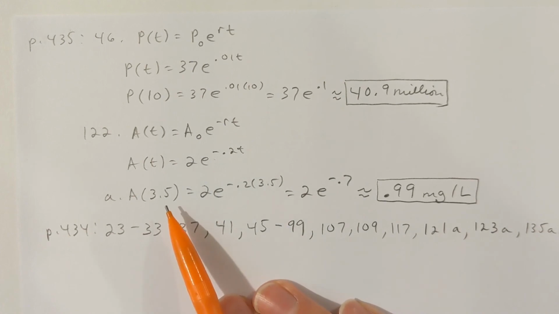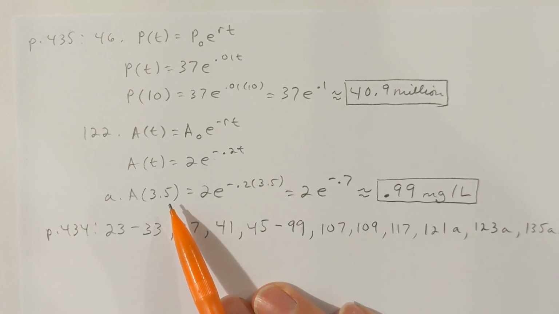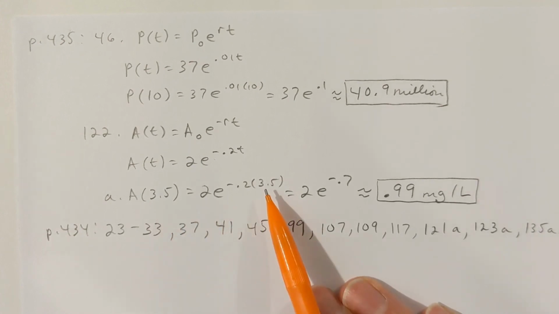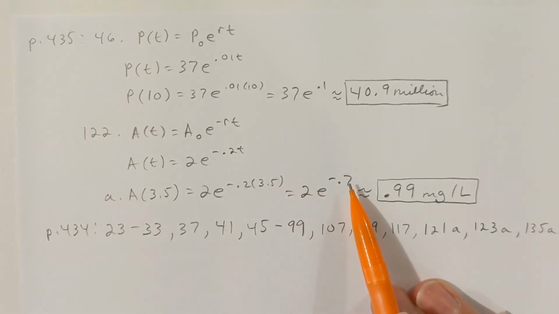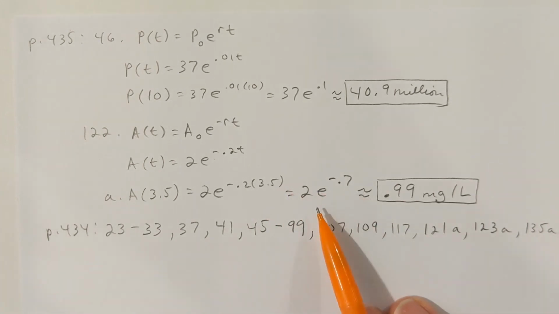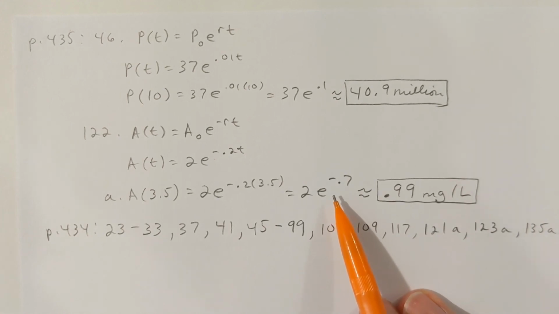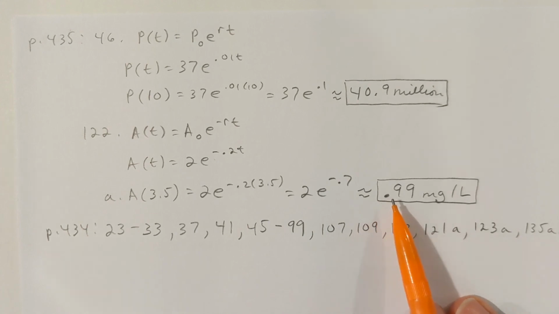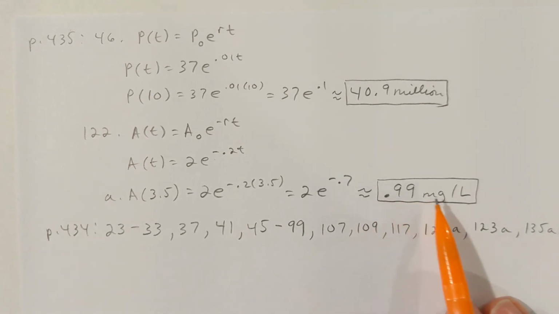And now we want to know how much of the medication is in the bloodstream after 3.5 hours. So that would be just another plug it in and simplify. Okay. Negative 0.2 times 3.5 is negative 0.7. And then if you type in e to the power negative 0.7, hit enter, and then whatever that is, multiply by 2, you would have roughly 0.99 milligrams per liter of the medication still in the bloodstream after 3.5 hours have gone by.